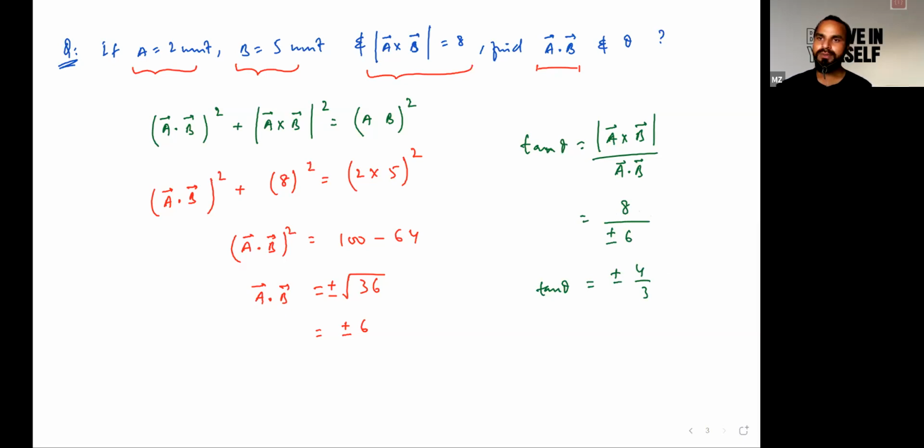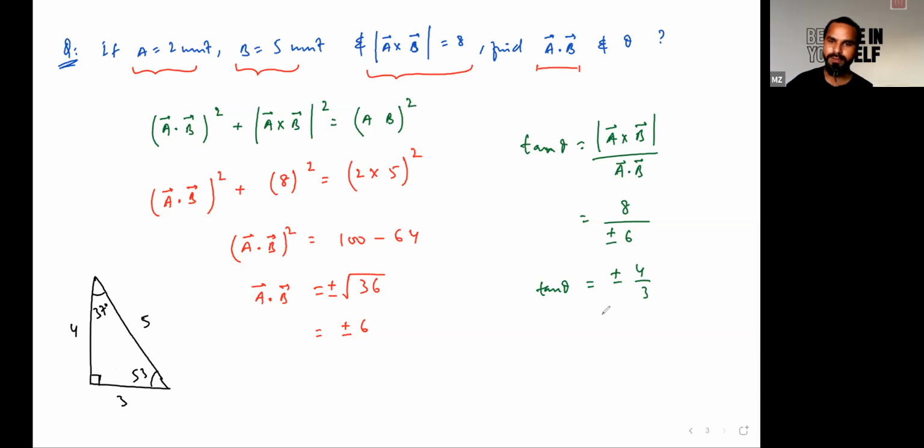Just remember this particular triangle. If this is your theta, the sides are 3, 4, and 5. The angle opposite to 3 would be 37 degree, opposite to 4 would be 53 degree, and this would be 90 degree.